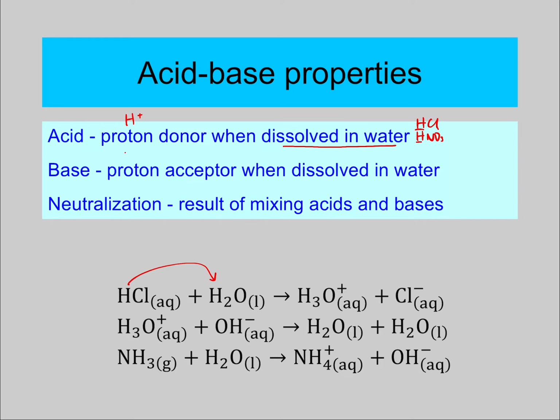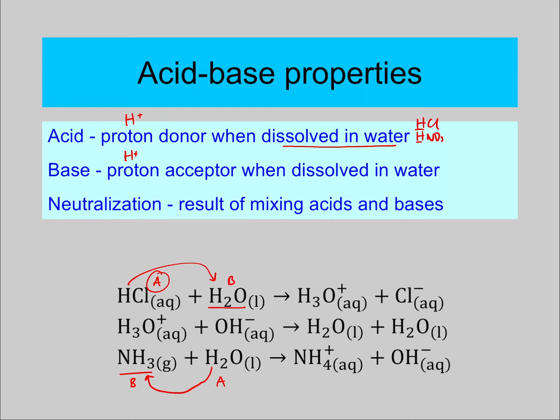On the other hand, a base is going to be a proton acceptor when dissolved in water. In this case, the ammonia is going to be a base. We've already said that, so we know it's going to accept a proton from the water.